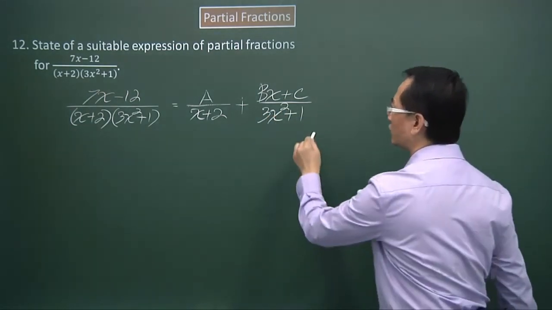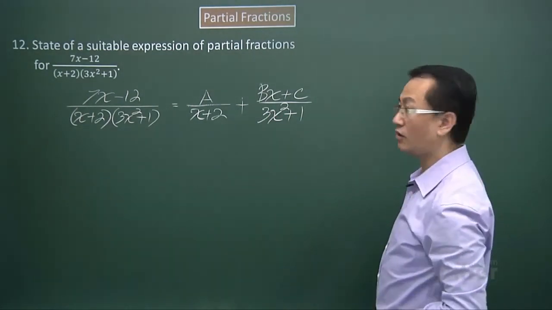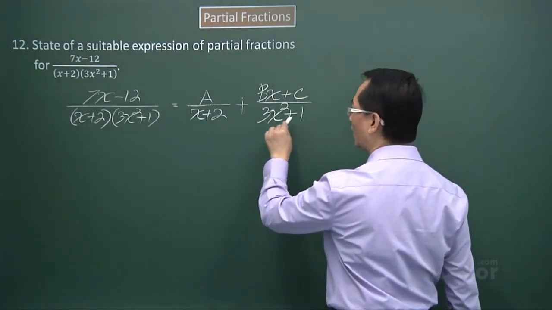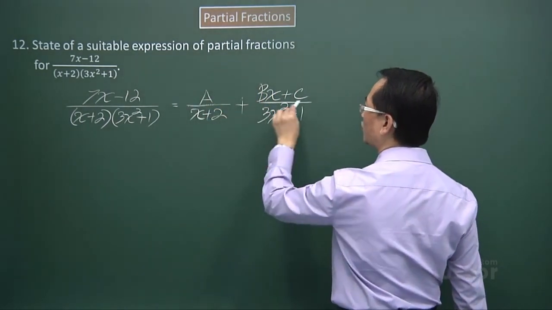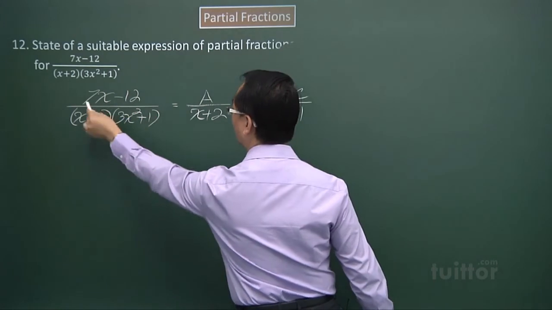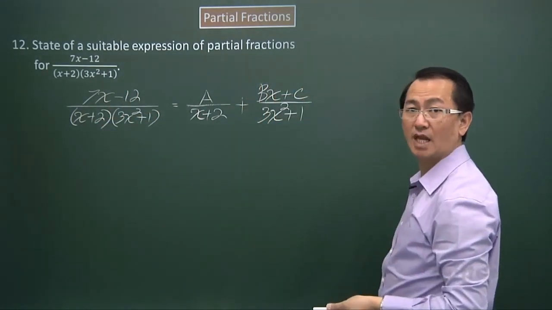So that is the suitable form that we can have. But in order to solve it, I will have to make the denominator the same and make sure that the numerator is compared to the numerator on the left-hand side of the expression.